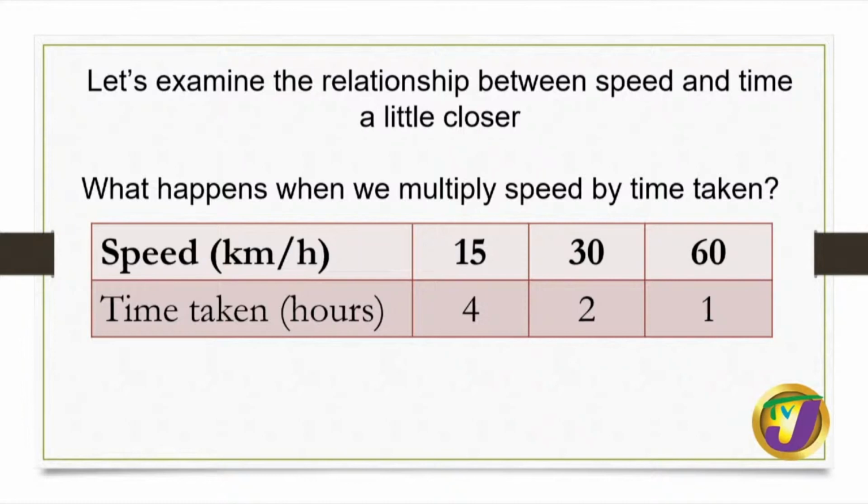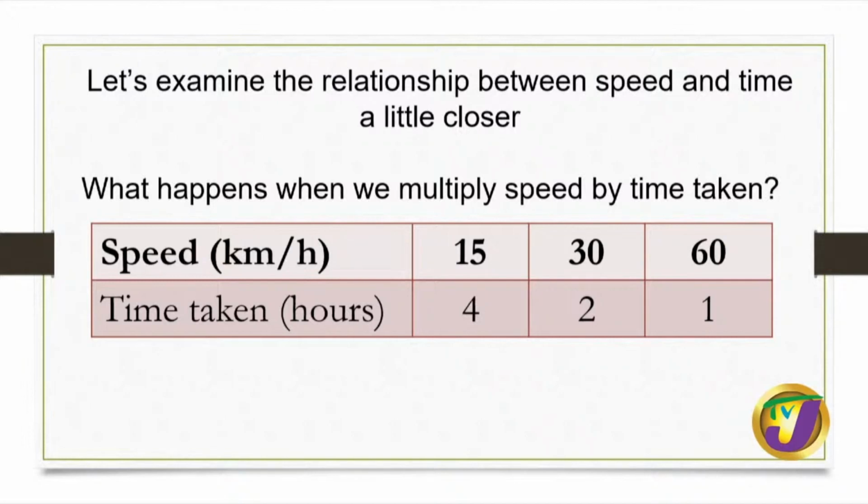We get the distance. If we're going at 15 km per hour and we've taken 4 hours, we'll cover 60 kilometers. So 15 multiplied by 4 gives you 60. Talk to me about 30 and 2 now. The product is still 60 for each of those two.